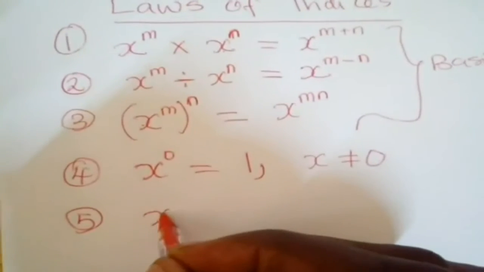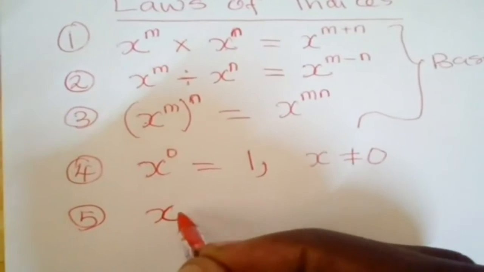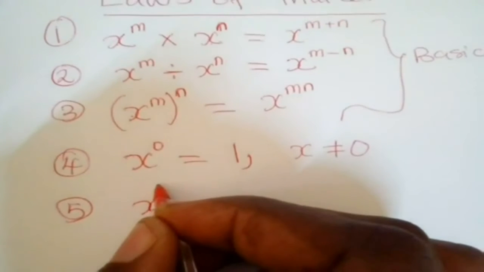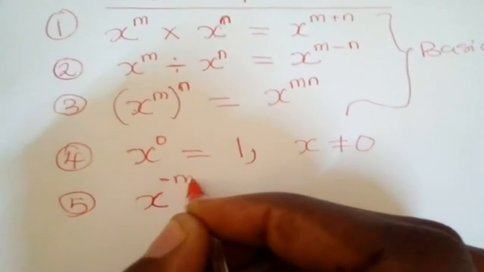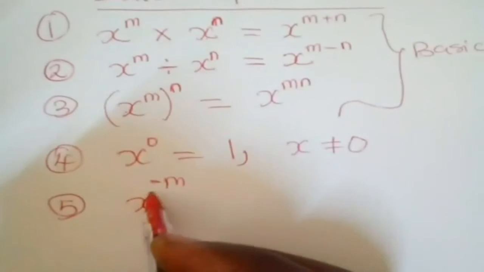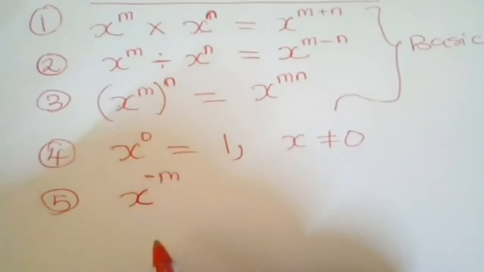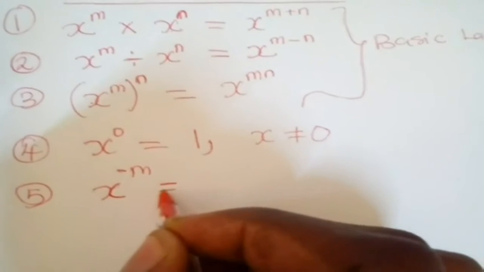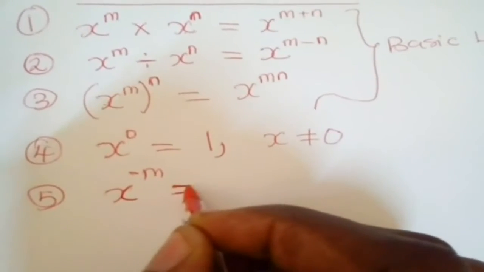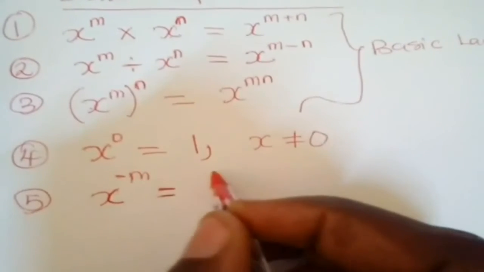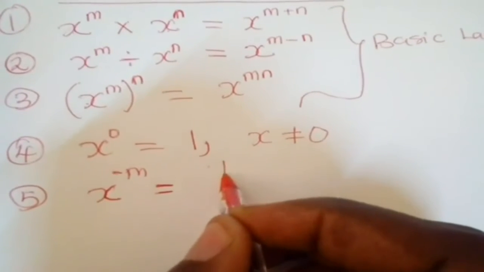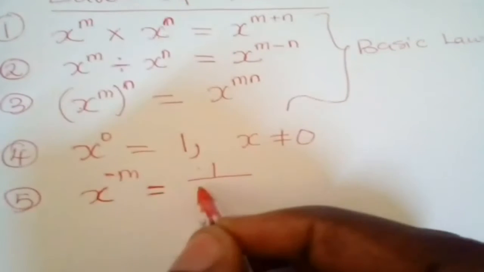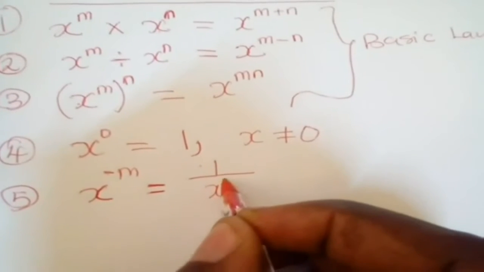When you have a number x raised to a negative power, let's say negative m, this negative power is going to be a fraction, so it's the same as 1 over x to the power m.